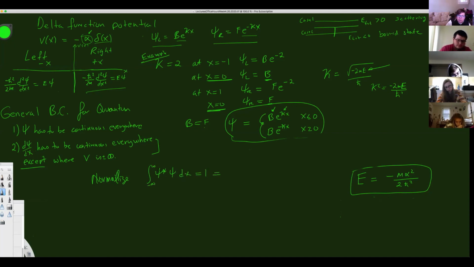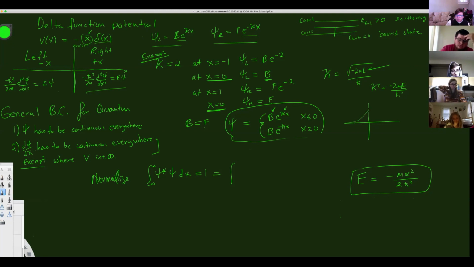So I'll write the integral over here again. Now we're going to write down psi star. We can write psi as the absolute value if we need to. If we think about what psi looks like, remember, it's a dying exponential over here.